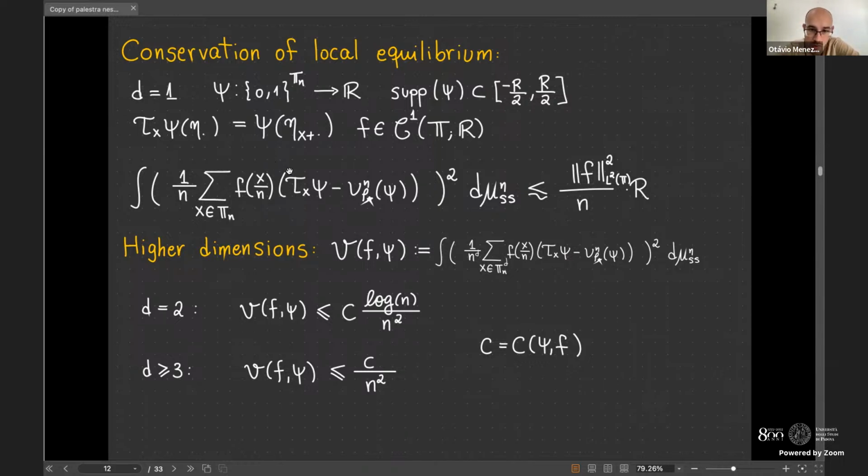And of course, we also have similar results in dimensions 2 and 3, and they're all proven together. I just chose to focus on d equals 1 to simplify things for the talk. In any case, it's always the same thing. Look at a local function, subtract its guessed expectation, so to speak, average out in space.